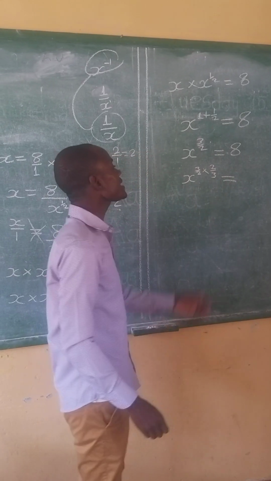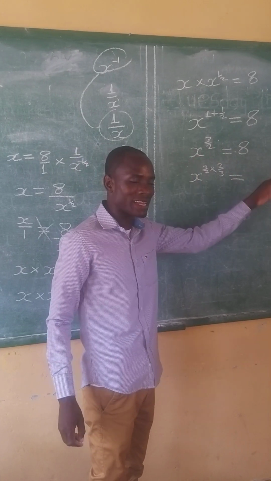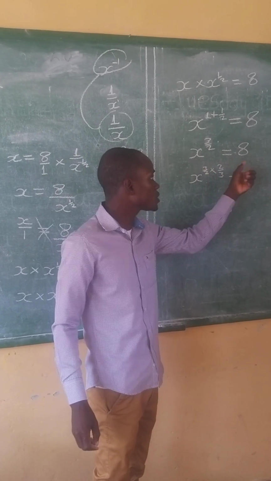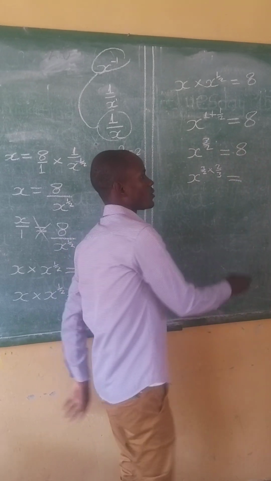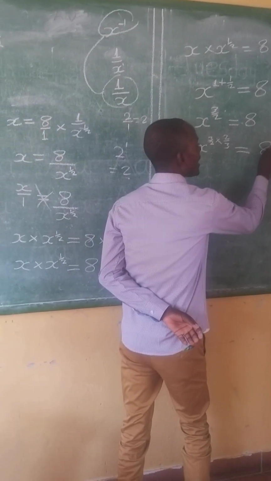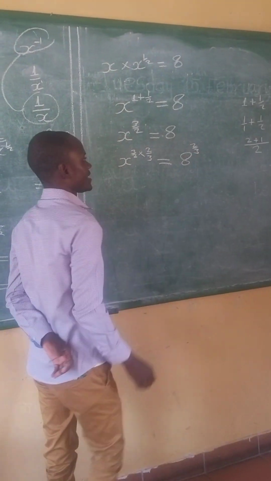The same reciprocal is what you are also going to put as a power on the side of 8. So you have 8 to the power 2 over 3.